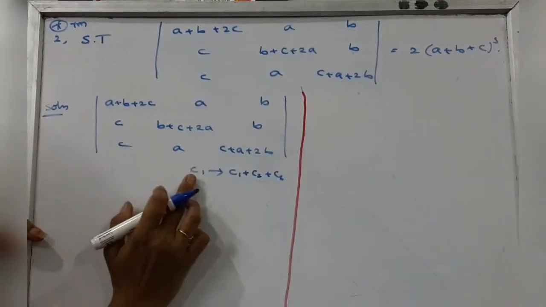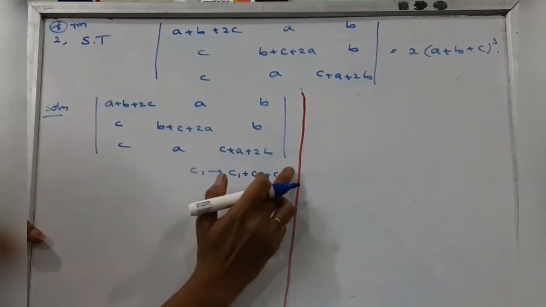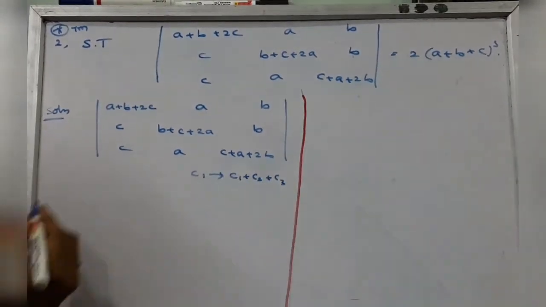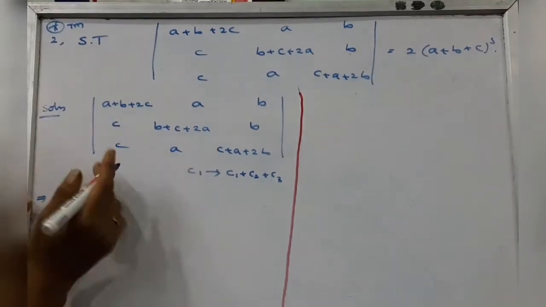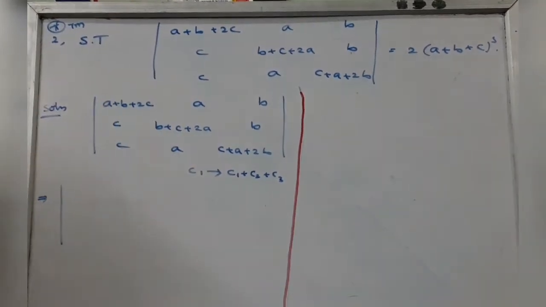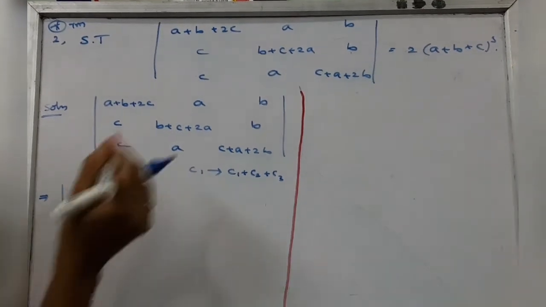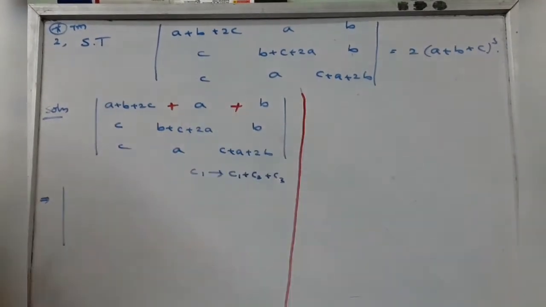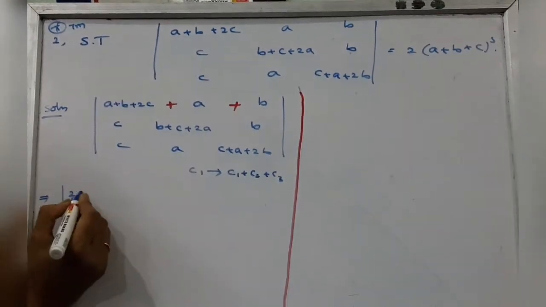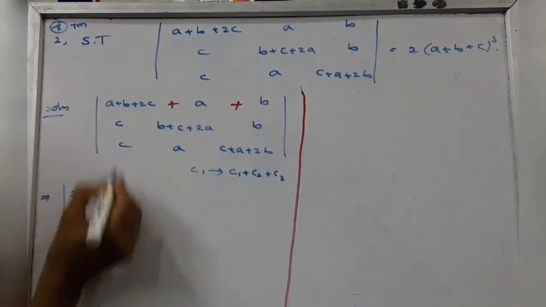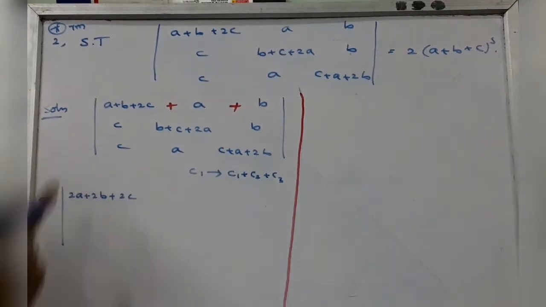So we interchange C1 with C1 plus C2 plus C3. First column: a plus b plus 2c plus a plus b, means a plus a is 2a, b plus b is 2b, 2a plus 2b plus 2c.